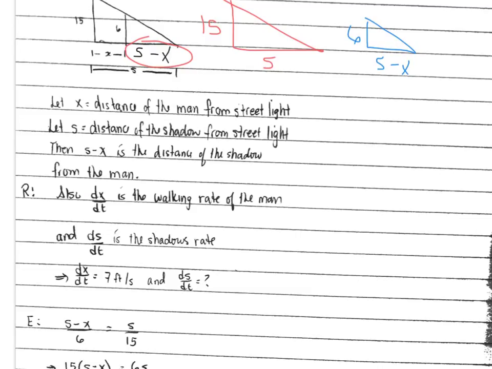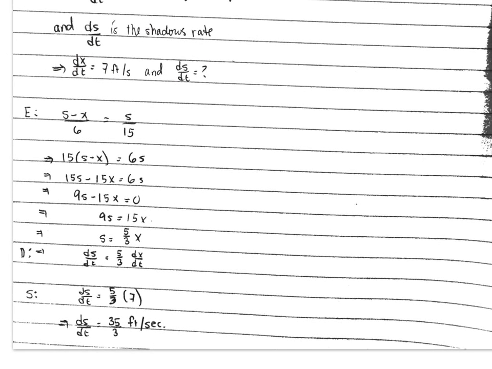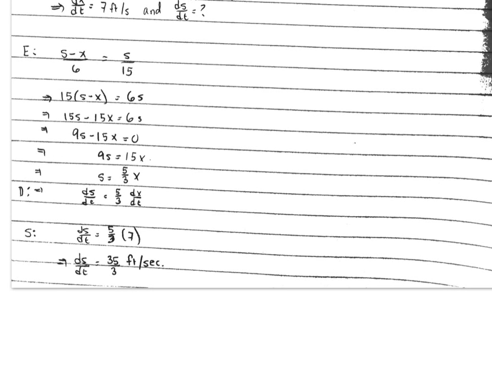Again, proportions, just like problem number 10. I have that this side right here, s minus x, divided by the 6, is proportional to s, I know that looks like a 5, but that's an s, over the 15. Now I have a nice proportion that I can work with, and the algebra isn't too bad. 15 times (s minus x) on the left, and 6 times s on the right.